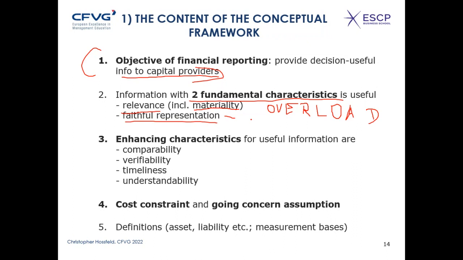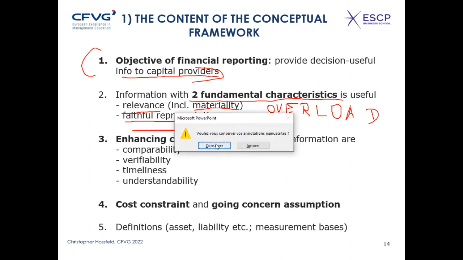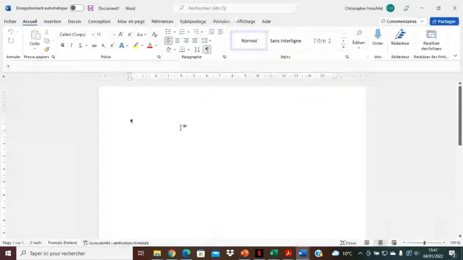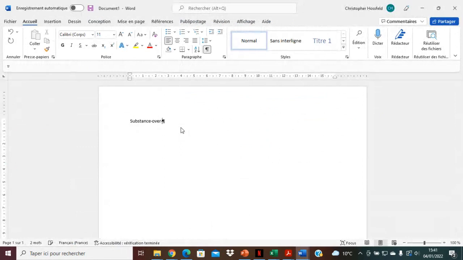Okay, so faithful representation means you need to represent the economic reality, not some other reality, not the legal reality or what else. And although it's not mentioned anymore today, part of this is a principle. Again, it's not mentioned anymore. It's called substance over form.